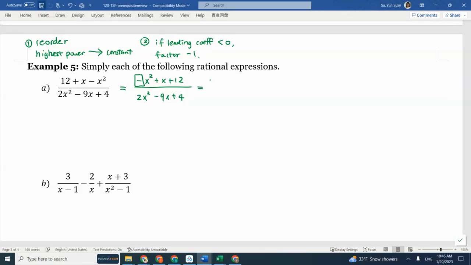So therefore, numerator, factor out the negative 1. What's left? x squared. Yeah, very good. Denominator, keep it. Okay. So get things ready. Now they're in the good order, and now the leading coefficients are positive.